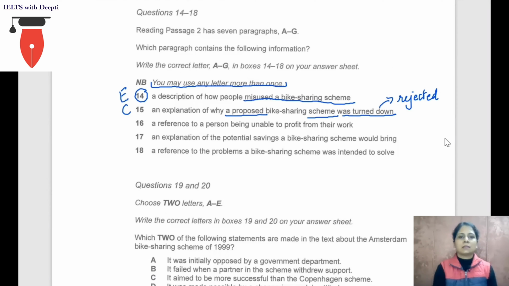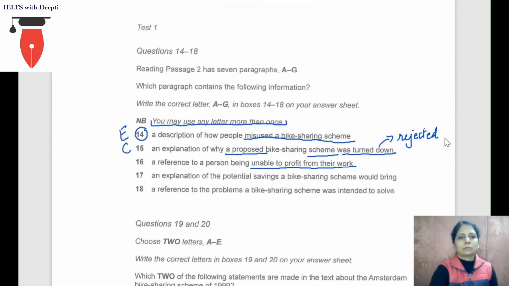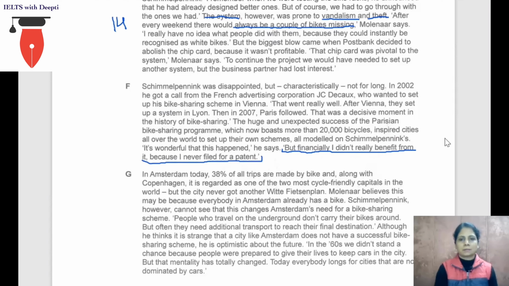Number 16 is giving us a reference to a person who was unable to profit from whatever work they decided to do. They were unable to make profit out of it. So if we move to paragraph F, and when we come to the last line, "but financially I didn't really benefit from it because I never filed for a patent."